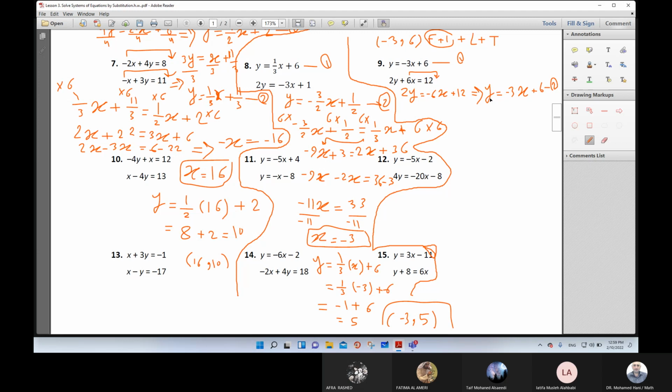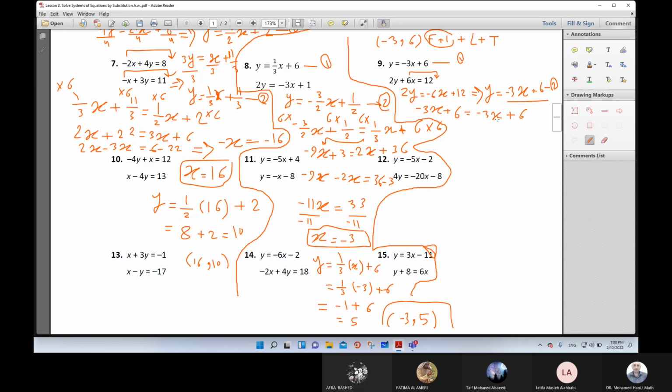Take the value in the second equation, negative 3x plus 6, and put the value in the first equation. Substitute the value of y in the first equation here. So y equal negative 3x plus 6 equal the second side here, negative 3x plus 6.